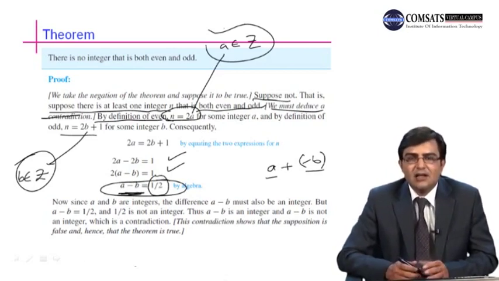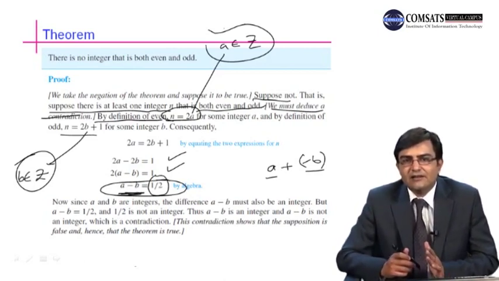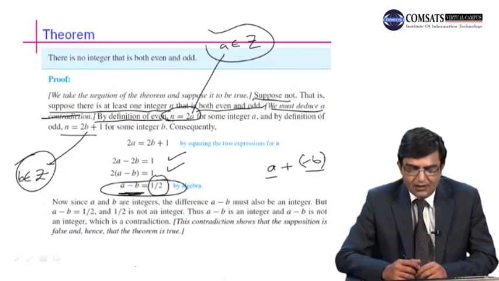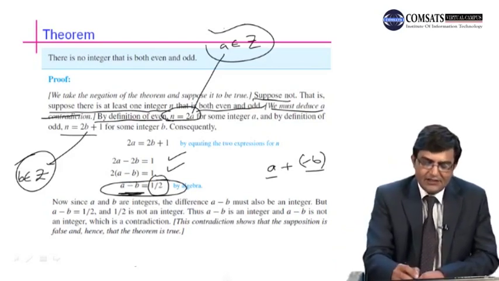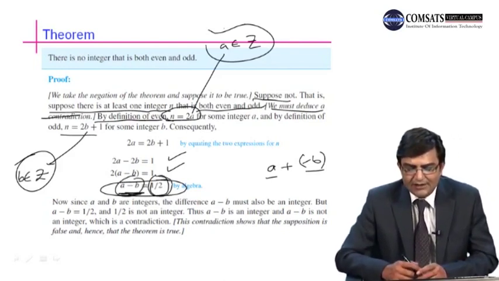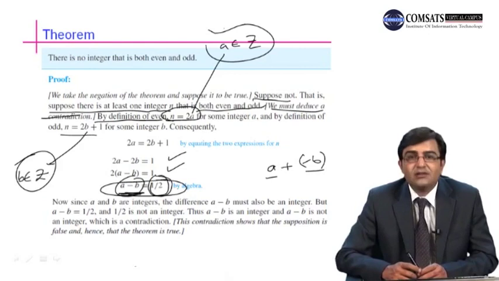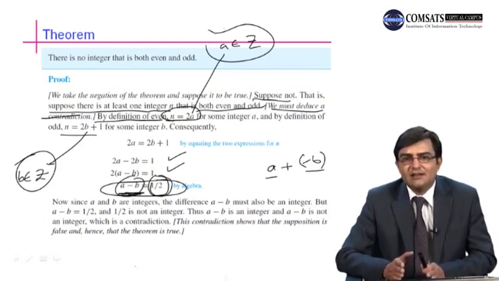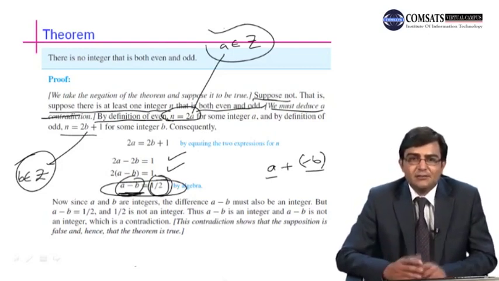integer. What is this? This is basically a rational number. So on the left hand side we have an integer, on the right hand side we have a rational number. So a minus b must be an integer, not a rational number. We have proved that every integer is a rational, but not every rational is an integer.